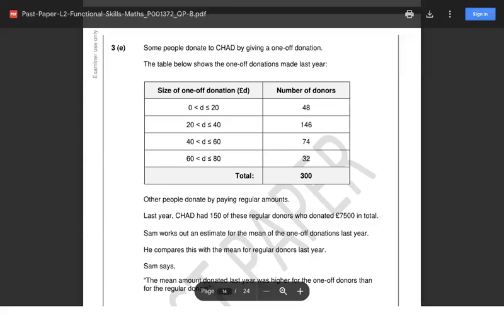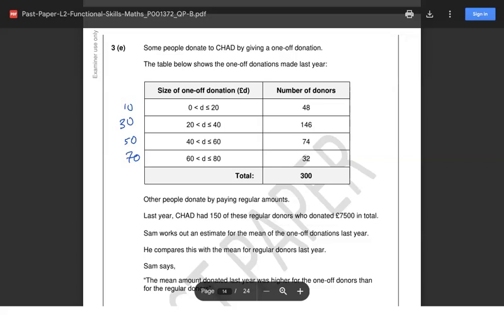The first thing is that we have to find the mean for this. Before you find the mean, you have to find the midpoint. The midpoints are going to be 10, 30, 50 and 70. Then you multiply.